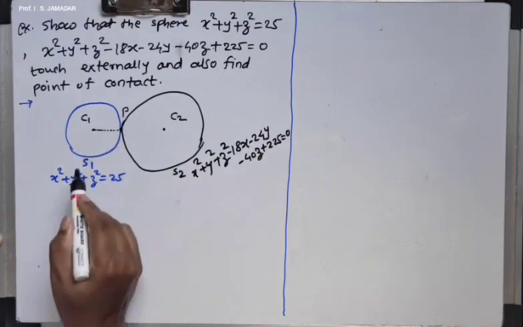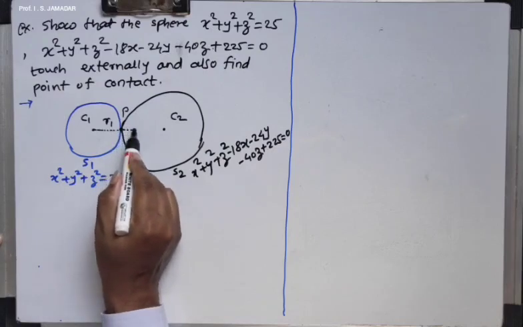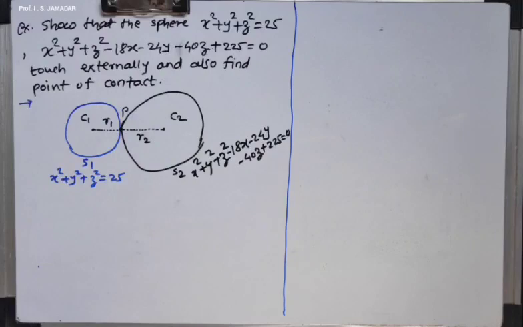This will be the radius of the first sphere R1 and this will be the radius of the second sphere R2. Now to show that these two spheres touch externally, we have to show that the distance between the centers of these two spheres is equal to the sum of their radii. So for that we have to find the center and radius of both the spheres.